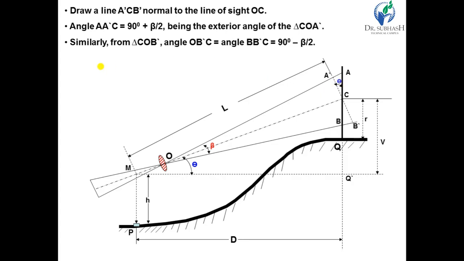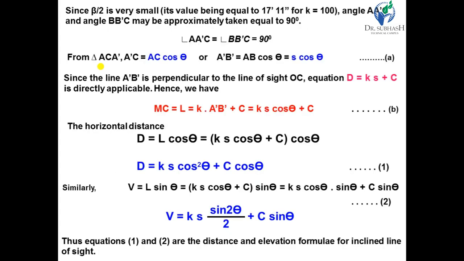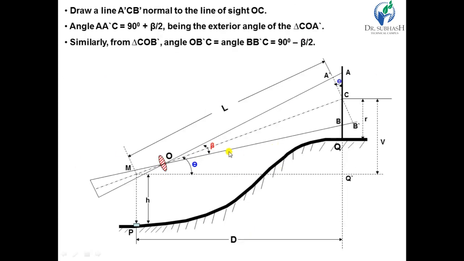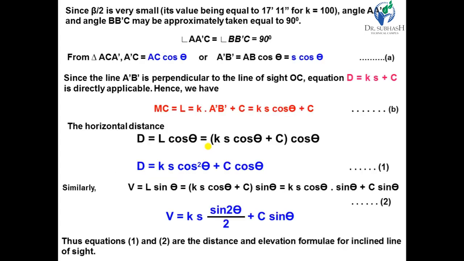Similarly for COB, the angle BB dash C is equal to 90 minus beta by 2. Since beta by 2 is very small, as we can see in the picture, beta is very small and beta by 2 is smaller compared to any other angles. So the angles A dash C and B dash C may be approximately taken equal to 90.